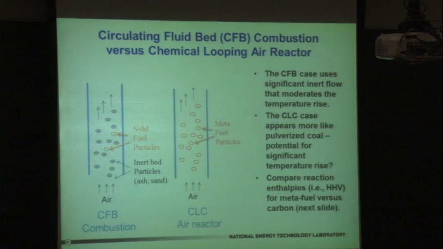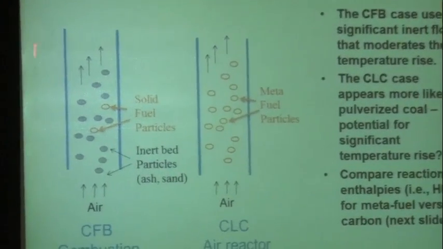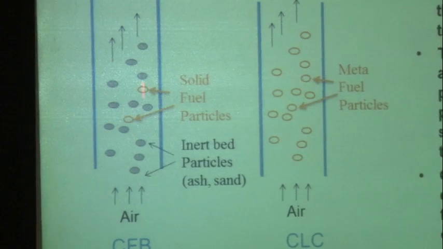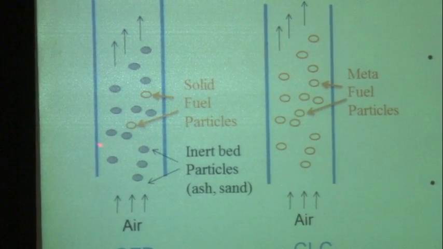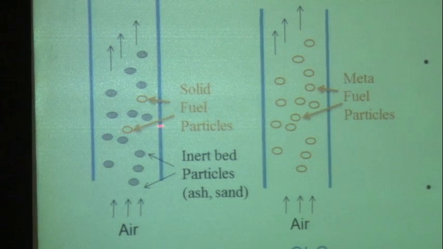And in fact, this is where my little analogy of metafuel, remember, starts to pay off when you think about what you're doing. Conventional CFB combustor, as I said, a lot of that ash contributes to the bed material. You could deliberately put sand in there to help moderate the temperatures. So the solid fuel going up that riser in the CFB combustor, it's mostly inert particles with a few particles of fuel in there.